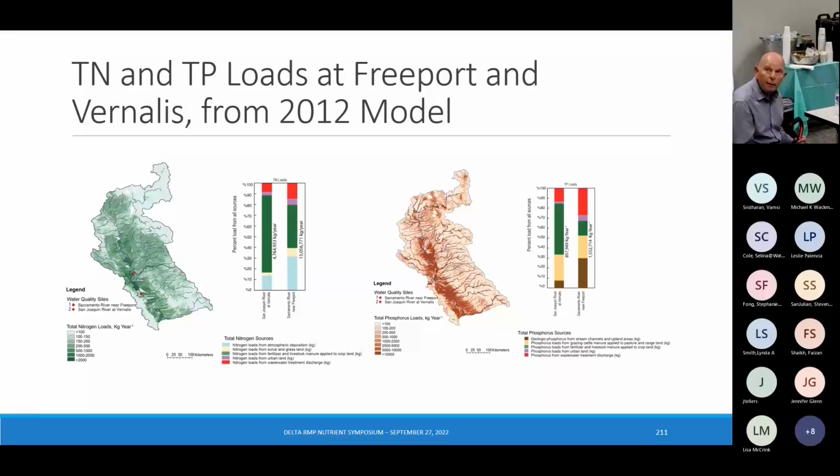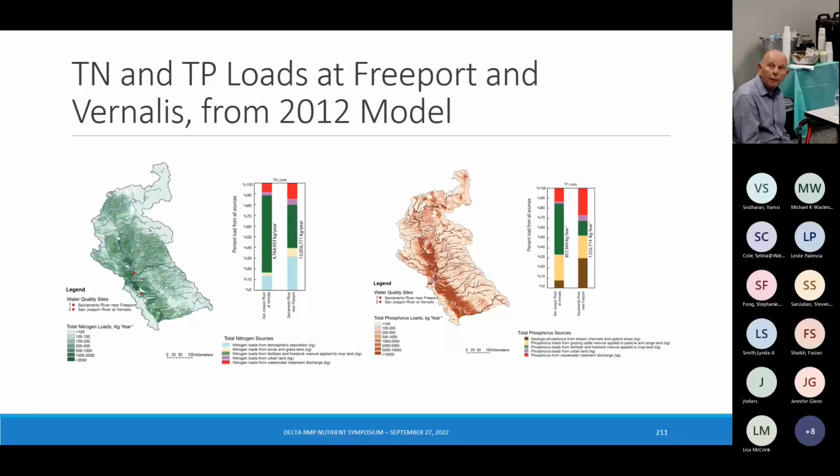So on the left is total nitrogen at Freeport and total phosphorus at Freeport. All right, and the bar chart shows the main sources. So light blue is atmospheric deposition, green is fertilizer, and the red is the wastewater treatment.